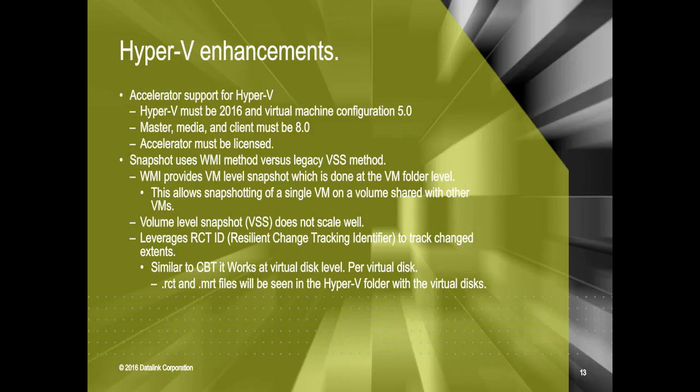The other problem with VSS is it doesn't scale well. As your volumes get larger and there's more activity, the VSS snapshot of an entire volume will grow very quickly, and it will tend to slow down the system. So with the new RCT ID, you're not going to run into that limitation. This allows you to snap VMs individually and decrease the amount of I/O. So this is going to help exponentially.